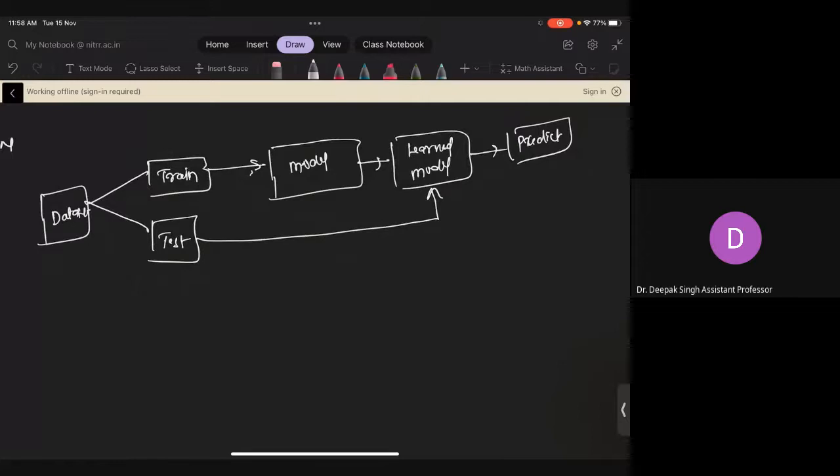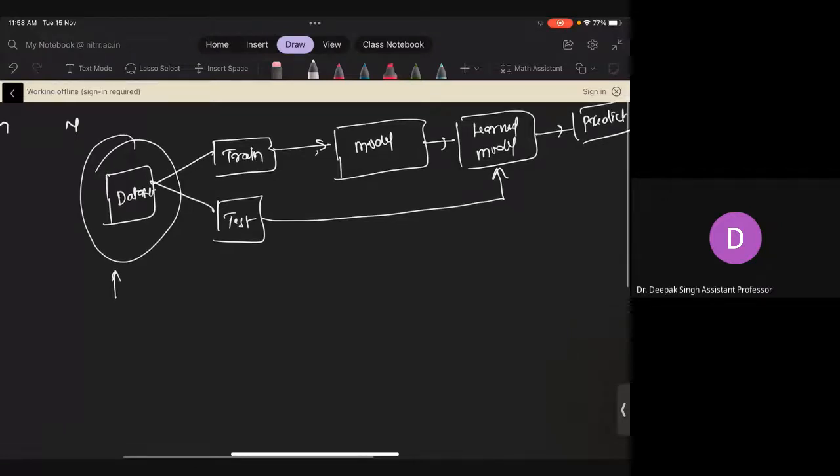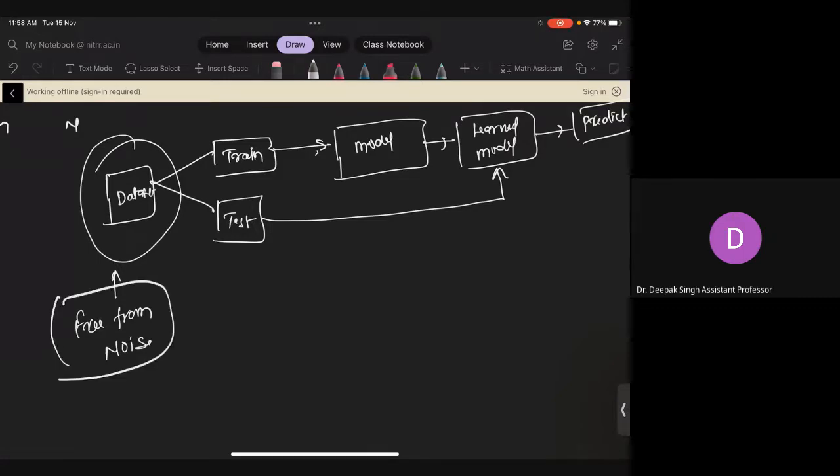We are somehow in the process of getting data which is free from noise. Imagine if the data set itself, which we want free from noise, is carrying noise in the form of missing values.